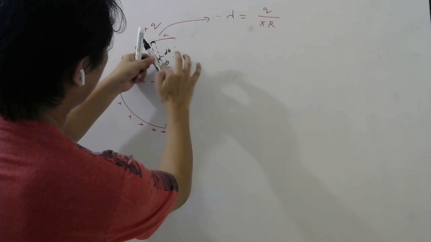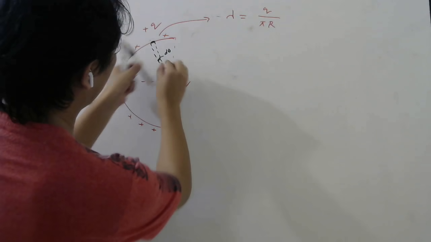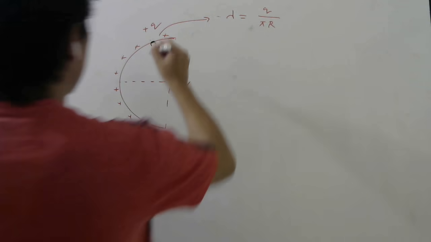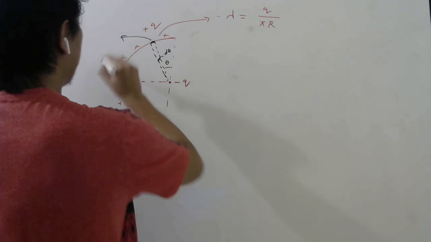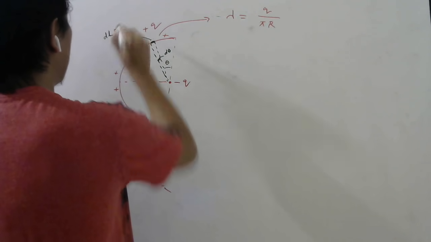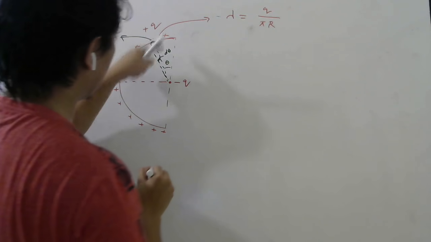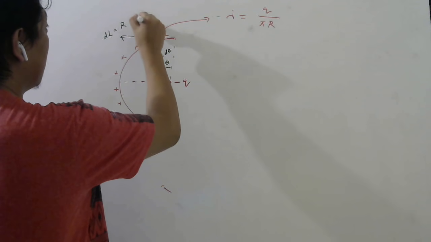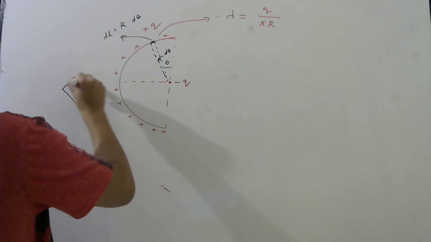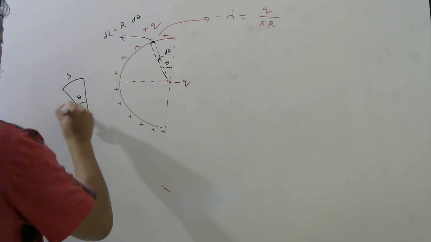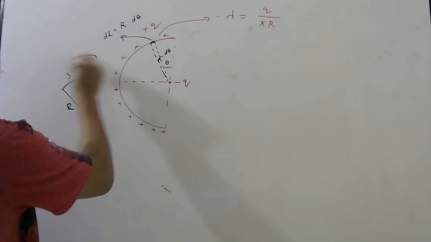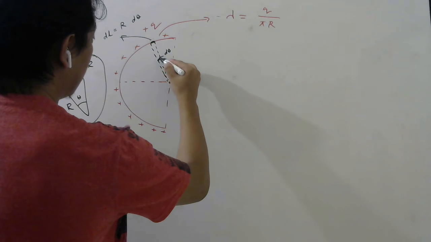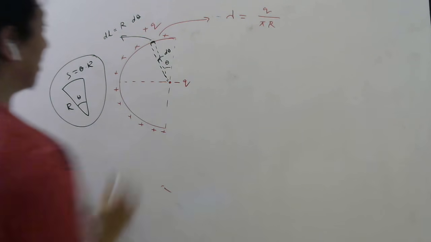So this is theta. If you go slightly this side, you will get d theta. So length of this part, dl, will be how much? Since this is an arc of a circle, I can write radius into this angle. This you know, right? So this is s, this is theta, this is r. What is s? Theta into r. But here this theta is your small angle, so I am writing d theta.